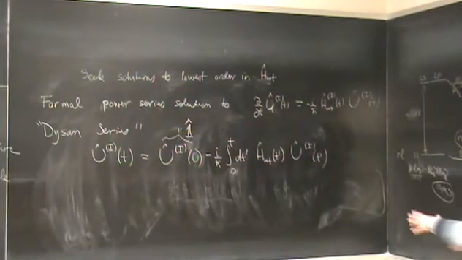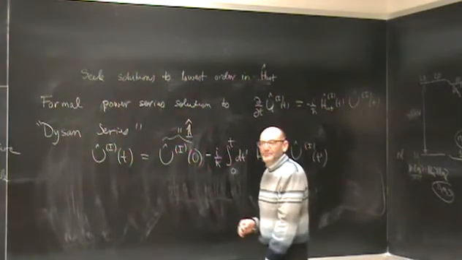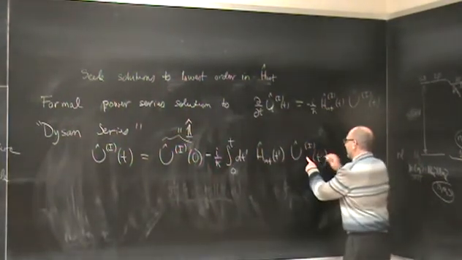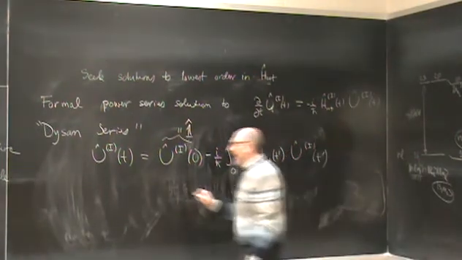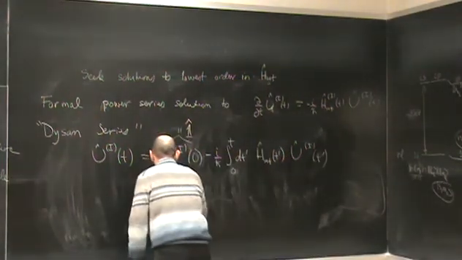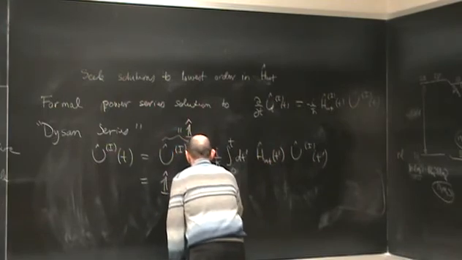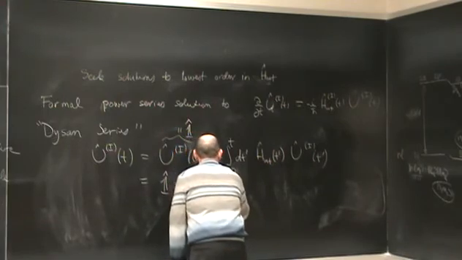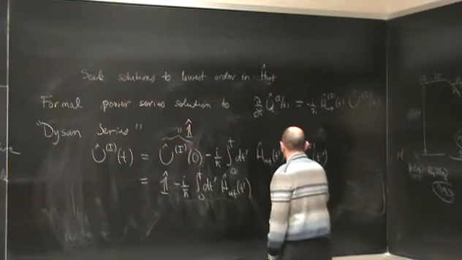So now I can take the solution and plug it in again. Plug in for u, given the solution. So now I have this is equal to 1, the identity, minus i over h bar integral of H, and then plug in for this.